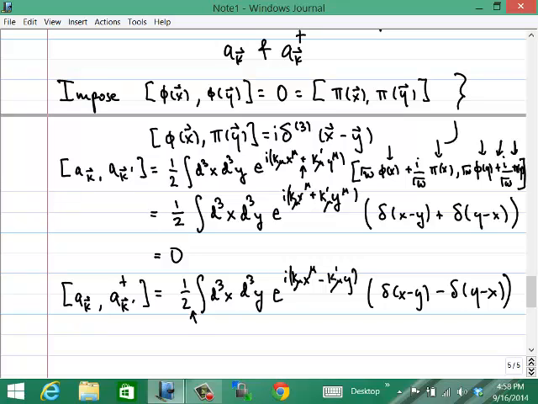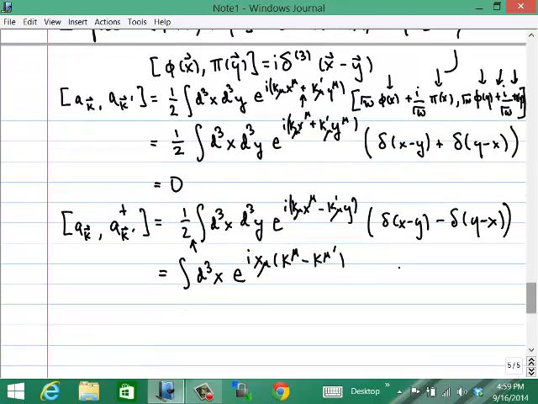You can use that delta function to do one of the integrals, and you get an integral d3x. Say we use it to do the y integral, times the integral e to the I x mu of k mu minus k mu prime. And what is that? That's just the Fourier expansion of the delta function that sets k equals to k prime.